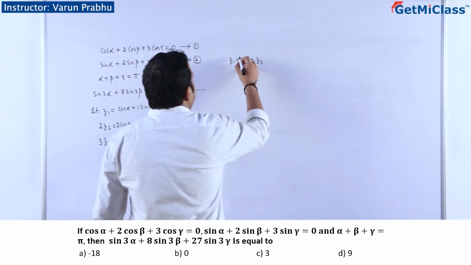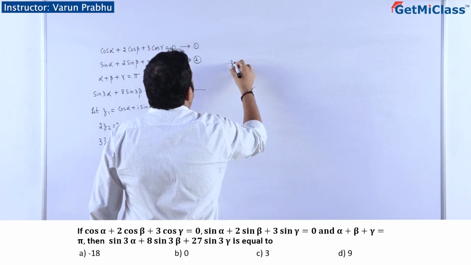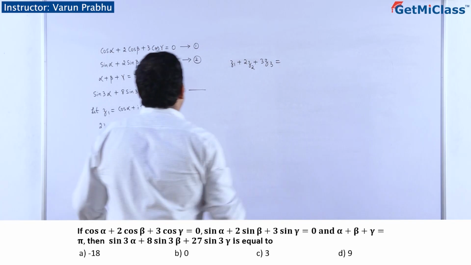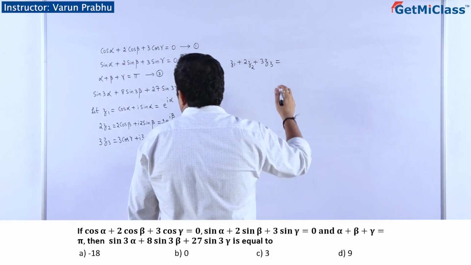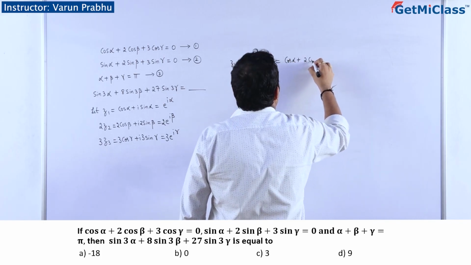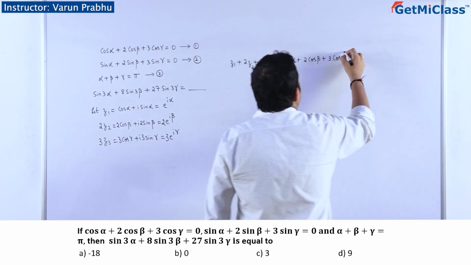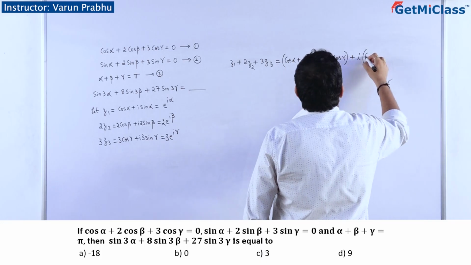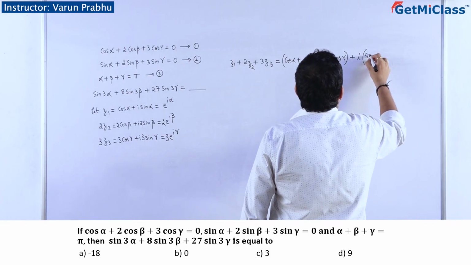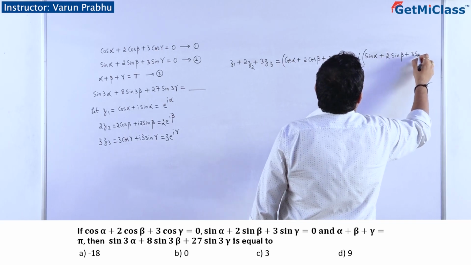So now z1 plus 2z2 plus 3z3 can be written as cos alpha plus 2 cos beta plus 3 cos gamma, this is the real part of the complex number, plus i times sin alpha plus 2 sin beta plus 3 sin gamma.